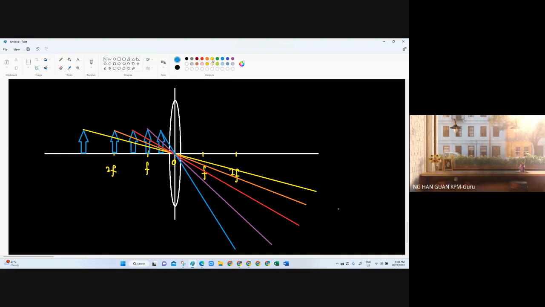Second line, starting again with the yellow one: make sure it's parallel with the principal axis, so it's a horizontal line. No matter where the positions are, as long as the objects are the same height, these are all the same.